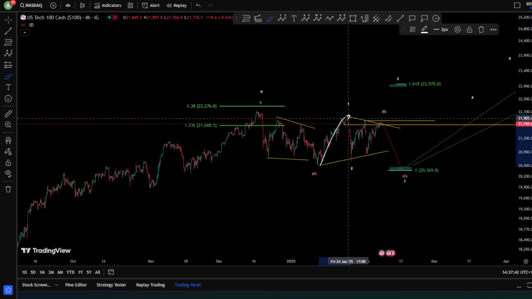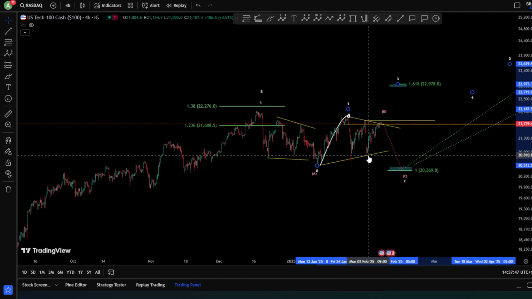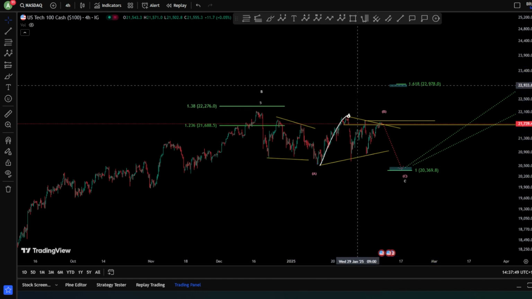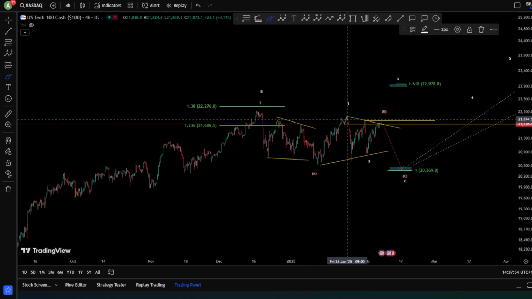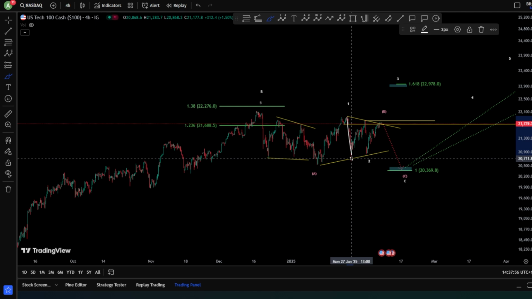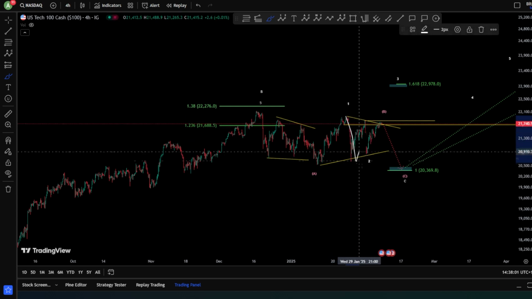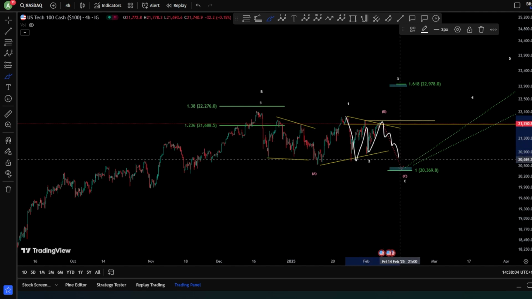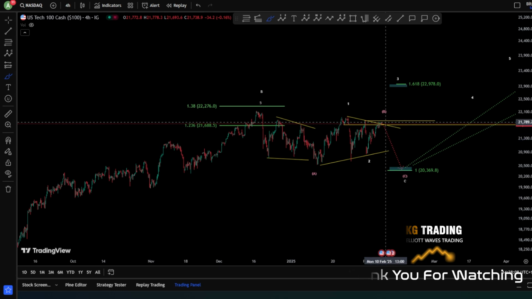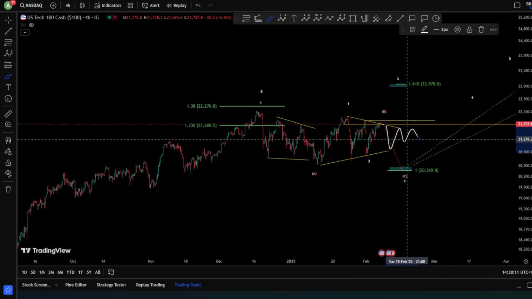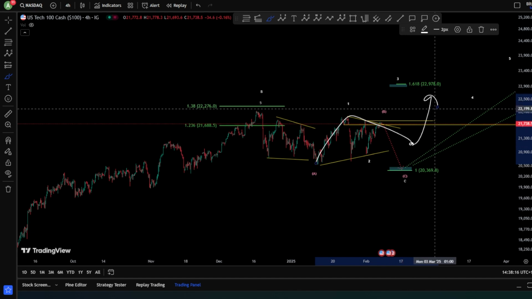You have to read it as a wave 1, and probably your wave 2 is still shifting in W, X, and Y. Normally your wave 2 should not take so much time like this, but especially with a very, very sharp wave here, you are probably looking at a W and then X and probably a wave Y. So your wave Y can be a flat, a zigzag, or even a triangle. So it's a long range, and this is gonna be a very long wave 1, 2 in case we are looking for higher.